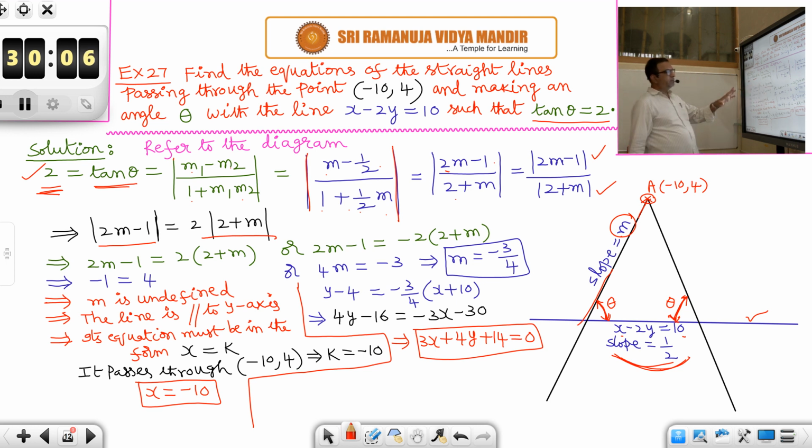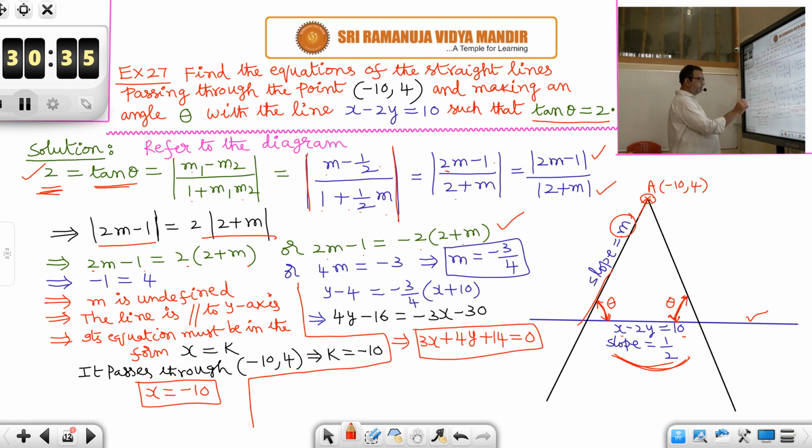To remove the modulus, there are two methods. One is squaring both sides, the other one is putting plus or minus on one side after removing the modulus. So let us use the second method. 2m - 1 = 2(2 + m) by taking the plus sign, or 2m - 1 = -2(2 + m) by taking the minus sign.